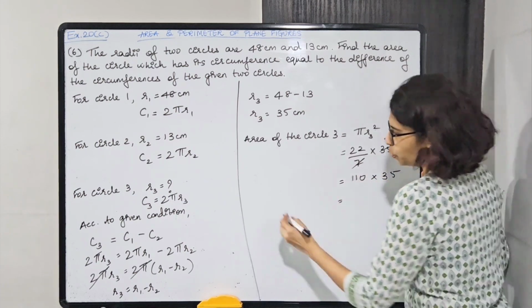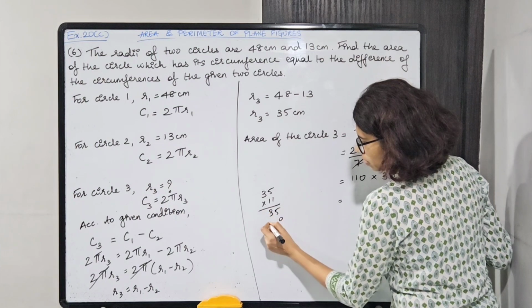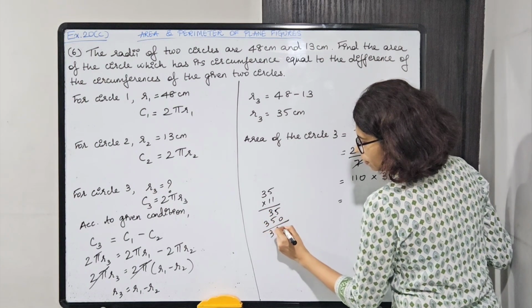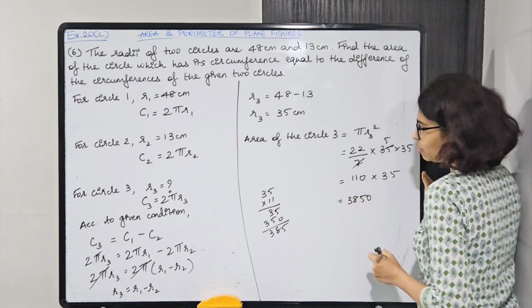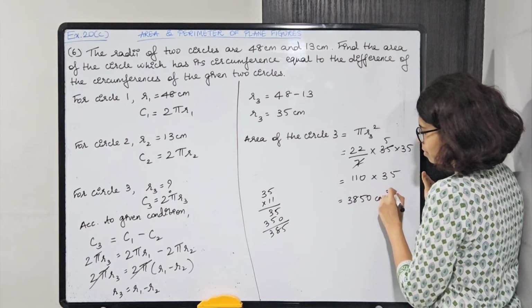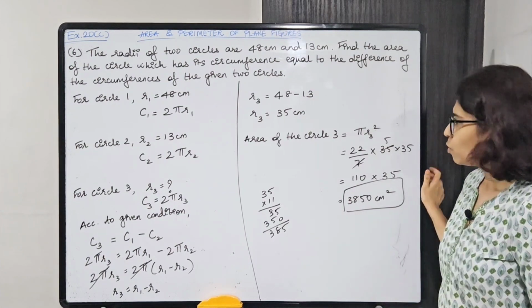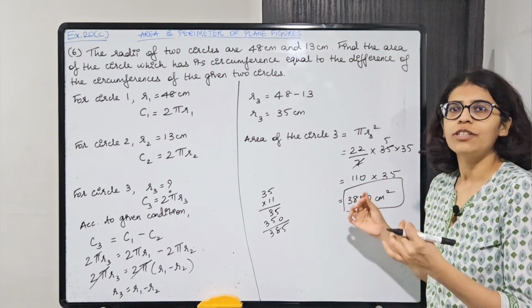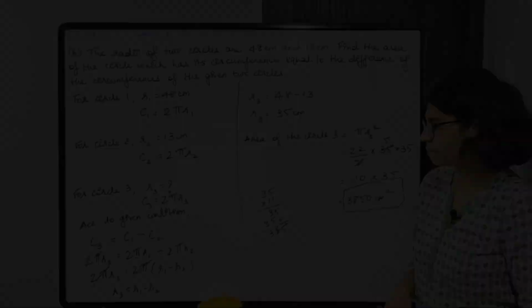Let's find out the value. 35 into 11 is 385. And there is a 0 at the back, so it becomes 3850 square centimeter. Don't forget the units. Write down the final statement. The area of the required circle is 3850 square centimeter.